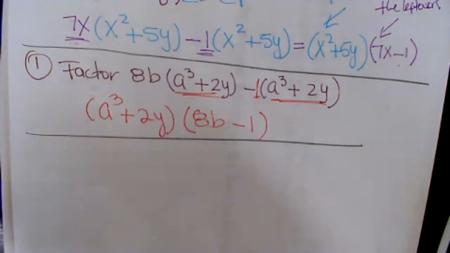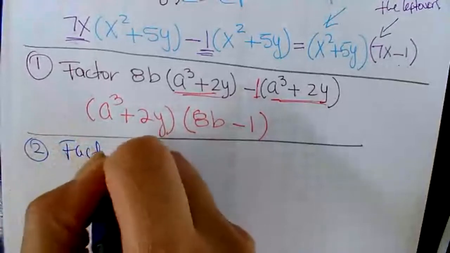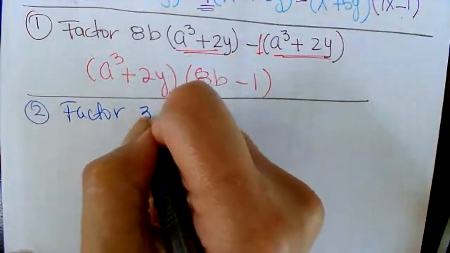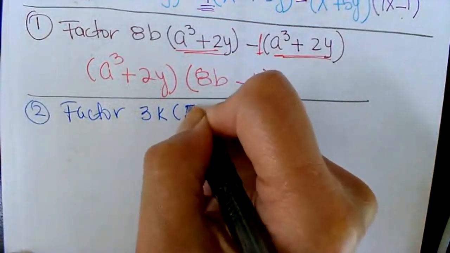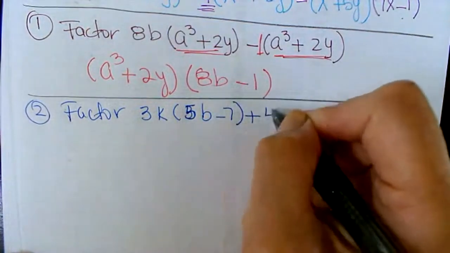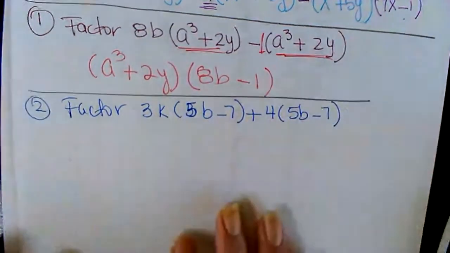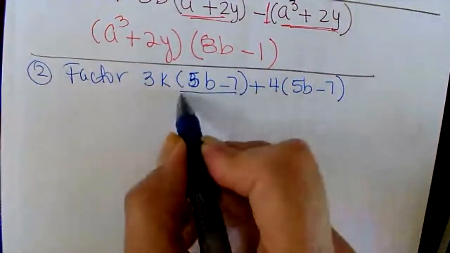Another one, if they said factor, hold on, this is a 5. 5b minus 7 plus 4. So what is my greatest common factor? This one.